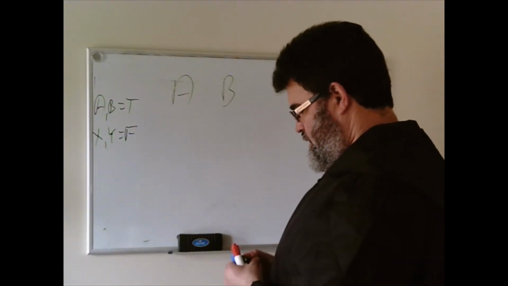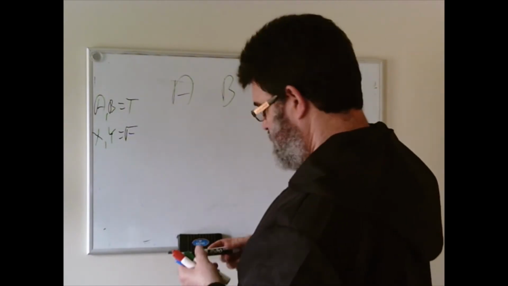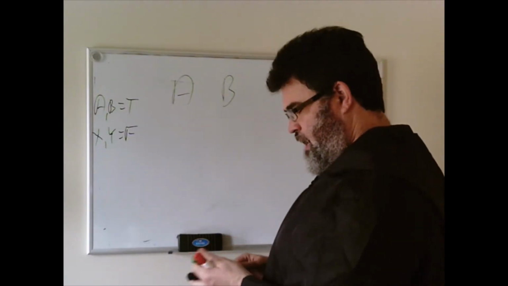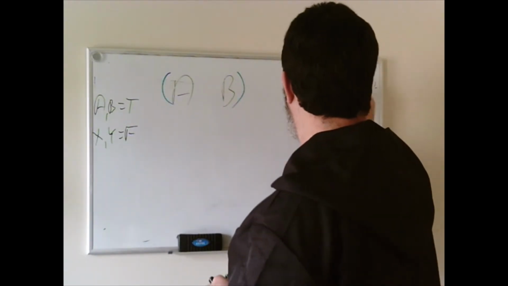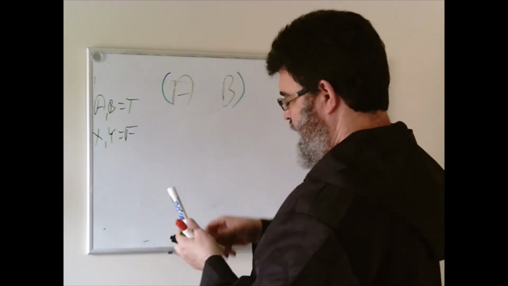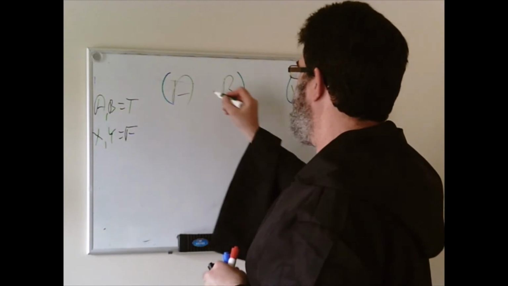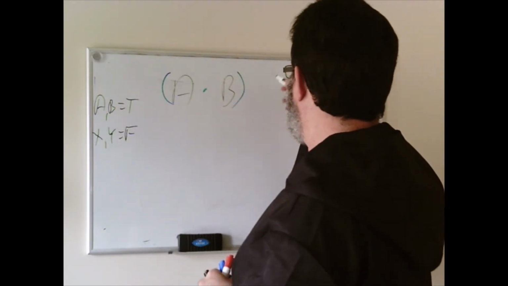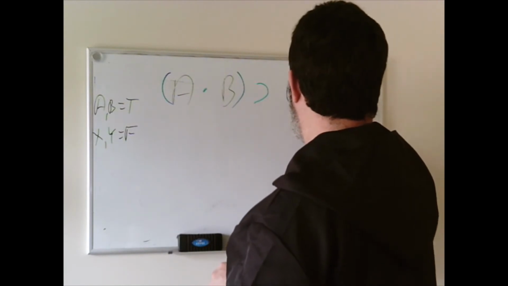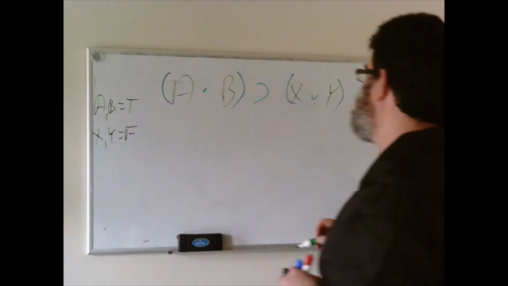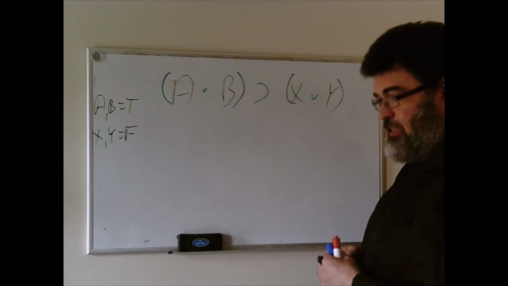And I'm going to make the following claim. I think that blue was my parentheses color, right? That A and B, then X or Y. That's the claim that I'm making.